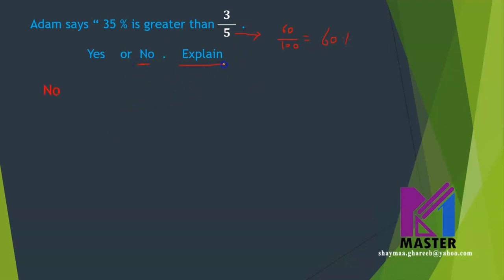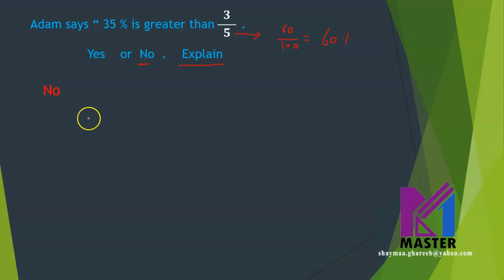Why? Explain. When you explain, please, you have to write mathematical sentences. Don't write words or paragraph. You should include any mathematical facts in your explanation and write it short and to the point.